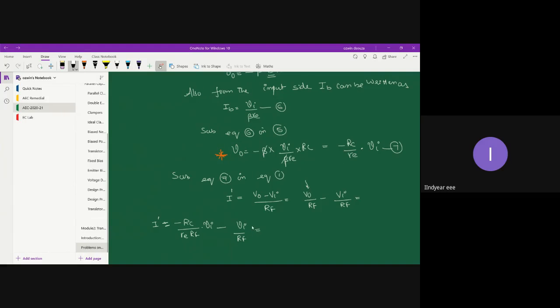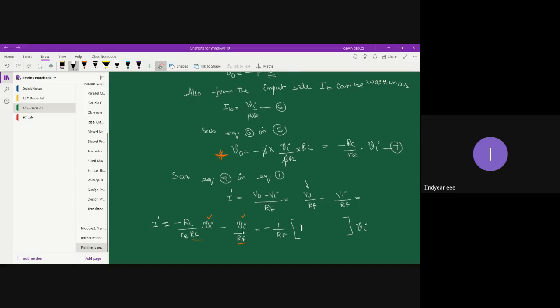Which is equal to, you see here, let me mark the similar terms. What you can do is keep out 1 by Rf outside the bracket, as well as the Vi term. If you do that, what you get is 1 by Rf, open the bracket, and I'll keep Vi also outside the bracket. Let me take out the negative sign so that this term I can write as unity.